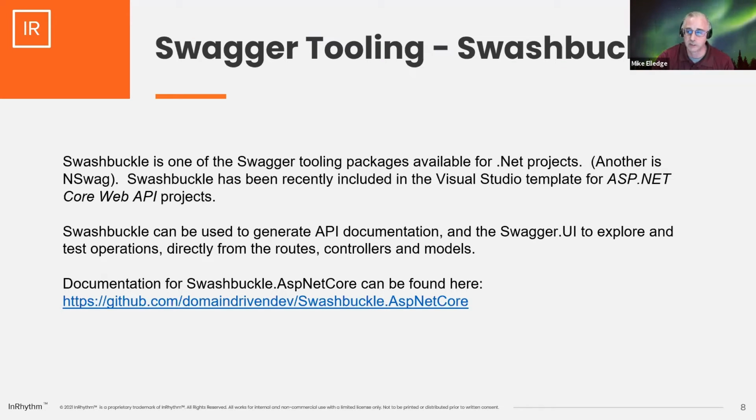Swashbuckle just recently got introduced into this, I think within the last year and a half. Before that, you had to manually add it, and you can add it or one of the other tooling packages for that. Another very common package for Visual Studio is NSwag.